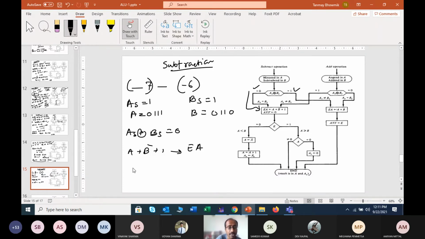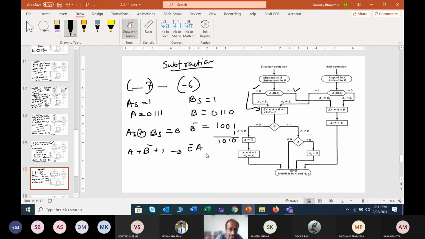So if you do this, A plus B complement plus 1, what was my B? My B was 0 1 1 0. So now it should be 1 0 0 1, along with which you will add 1. So your final result will be 1 0 1 0. Right? This is B, this is B complement, this is B complement plus 1.